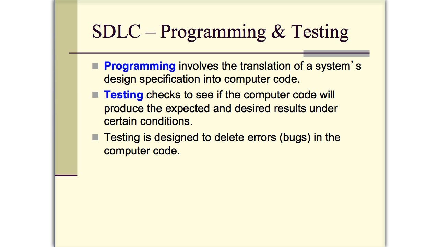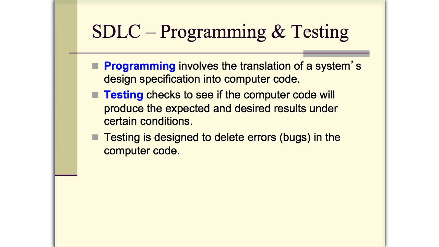And then programming and testing, where you're actually building the system and writing the code. And then of course once the system is done, testing can take place in different ways. You can do testing of pieces of code as you're building.